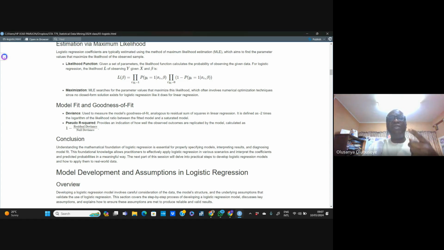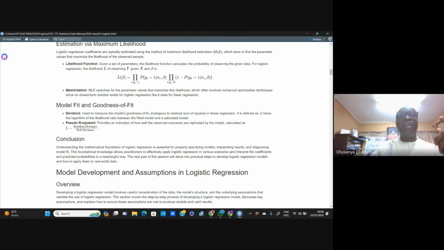The only thing you can do is use numerical optimization techniques to look for the combination of betas that will give you the maximum likelihood function. The beta that gives you the maximum; that's why in the maximum likelihood approach, the criterion is that you are maximizing the likelihood function. In the ordinary least squares approach, you are minimizing the residual sum of squares.